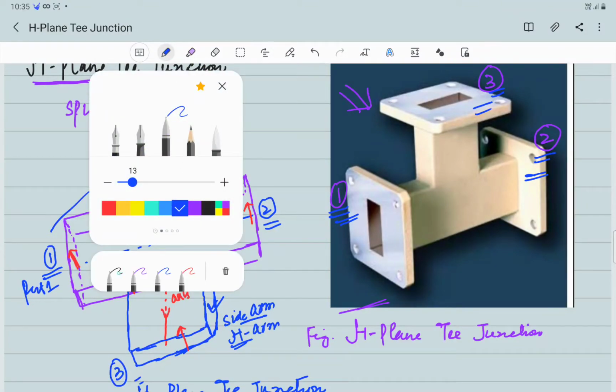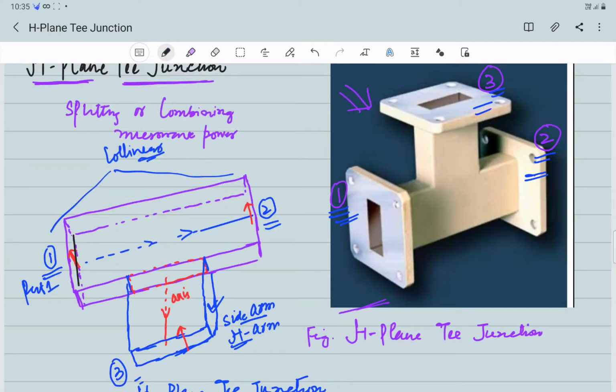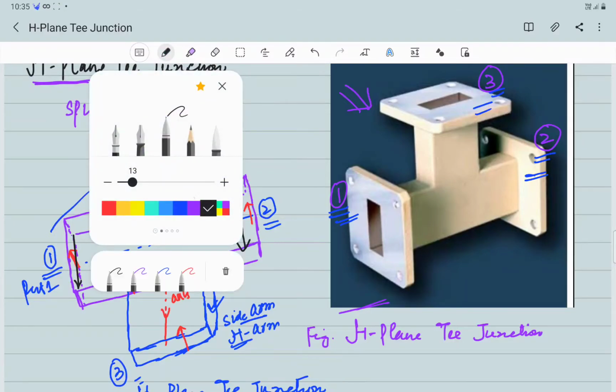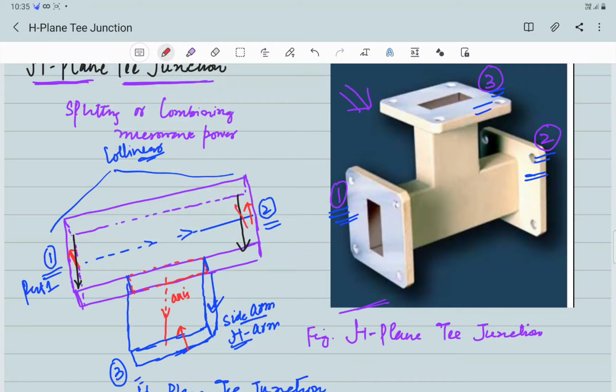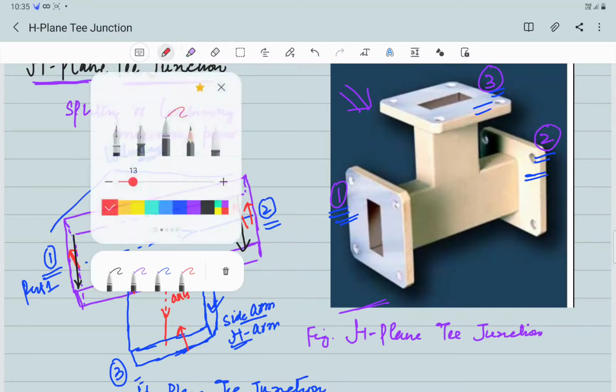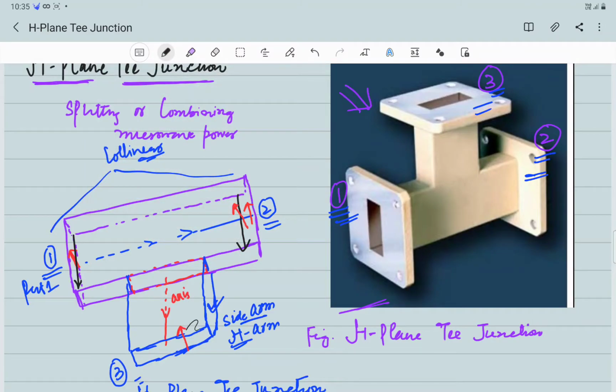This would be the direction of magnetic field, shown by the black arrow. Likewise here, the direction of electric field is shown by this red arrow, and the magnetic field direction would be this. The electric field is perpendicular to magnetic field.